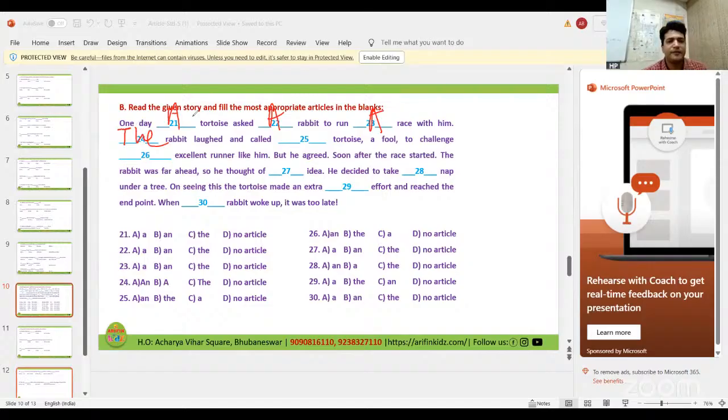The rabbit laughed and called. Number 25, the tortoise, because both are defined, a fool to challenge.